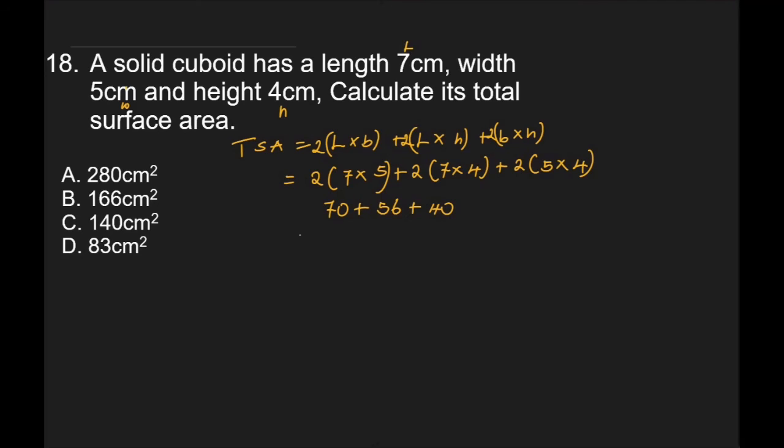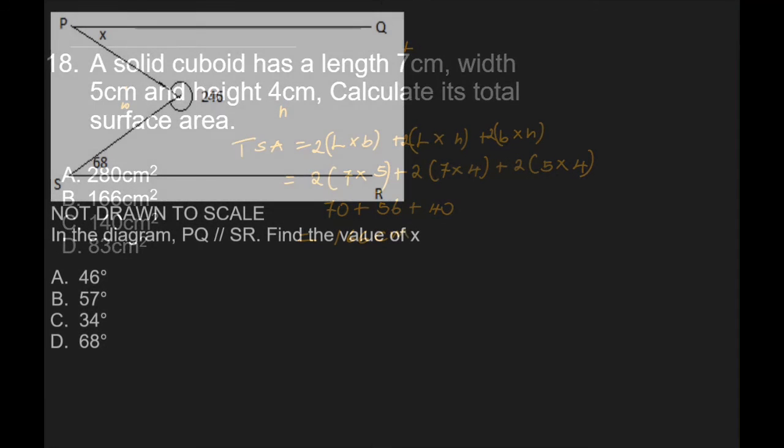And if you sum this all up, 70 plus 40 is 110, and plus 56, that will be 166 centimeters.